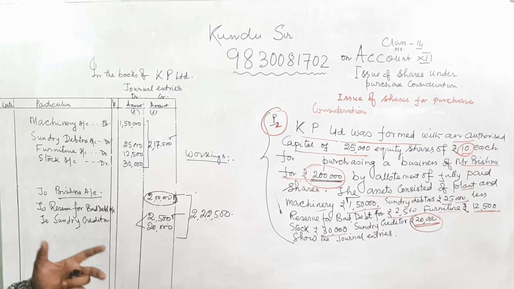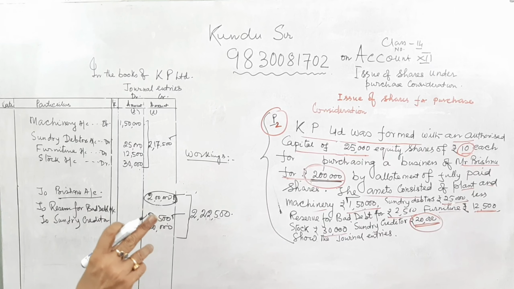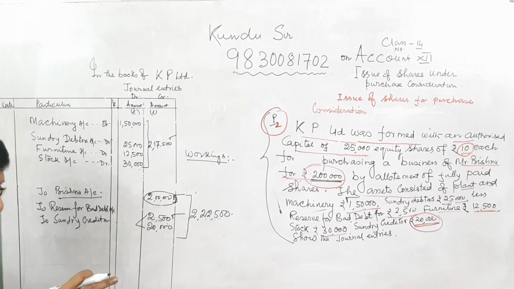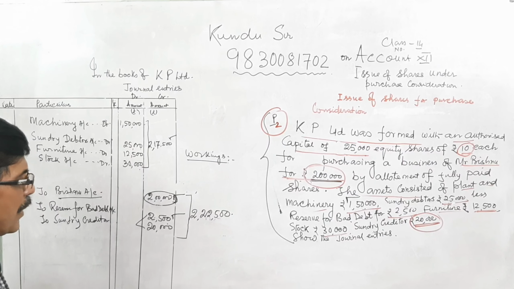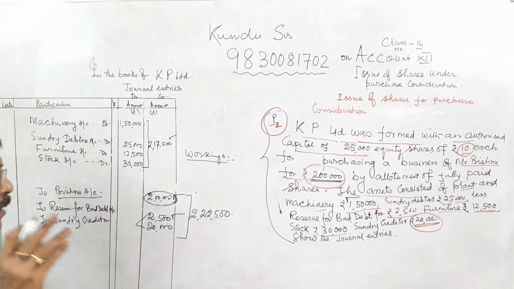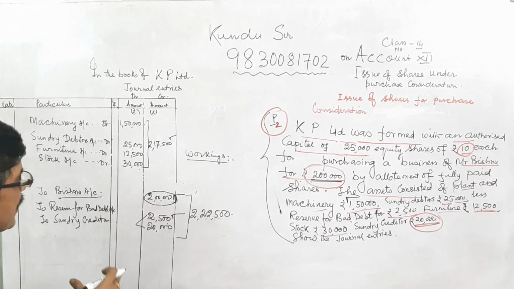What for? For the reputation of that business. If we give more, it will be considered as goodwill. If we give less, it is a benefit for the company as a capital reserve. I have given the fundamental entries 2-3 days back regarding the capital reserve and goodwill also.